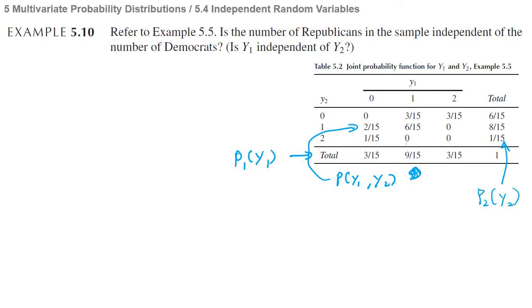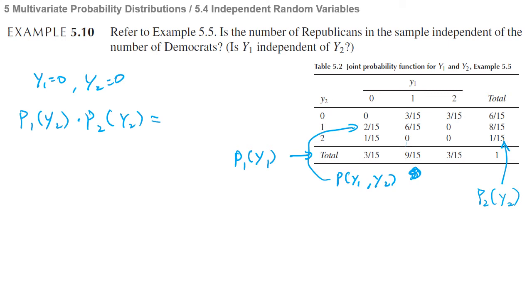Okay, so let's check one by one. If y1 is 0 and y2 is 0, then what is p1(y1) times p2(y2)?